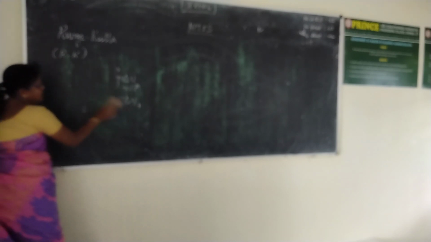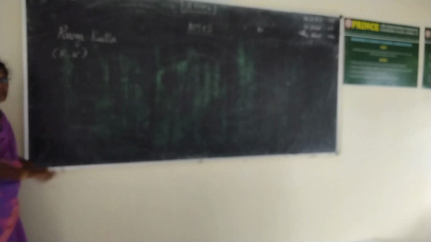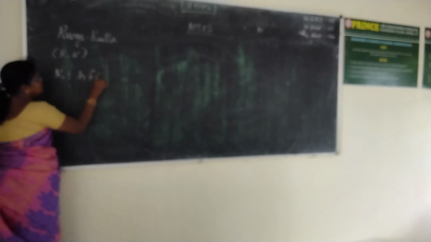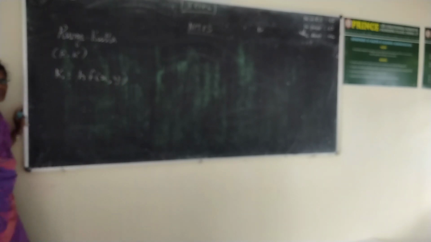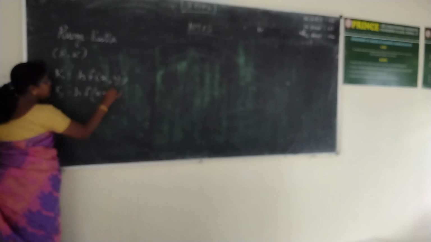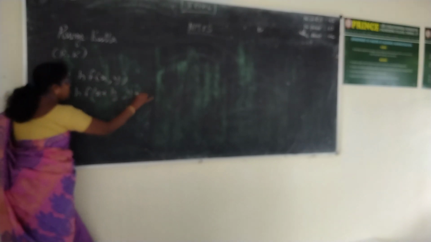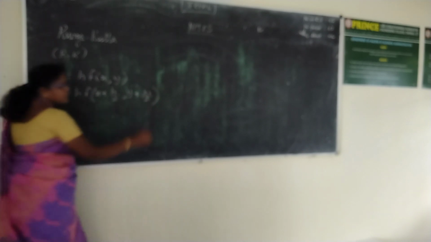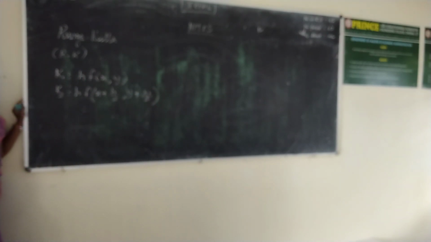Okay, so take down. To find that del y, we are going to find 4 different k values. Using those k values only we are going to find our del y. So note down. K1 is equal to h into f of x comma y. This is the general formula. K2 is equal to h into f of x plus h by 2 comma y plus k1 by 2.